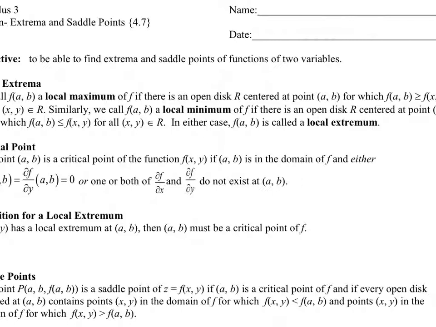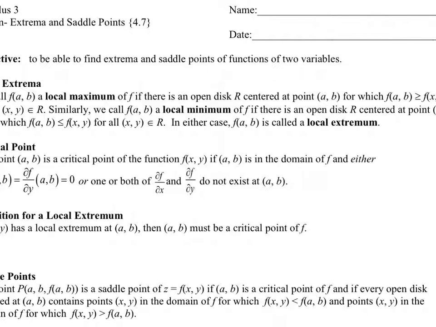So what we get from this is the partial with respect to x has to be equal to the partial with respect to y, which has to be in turn equal to 0, or one or both of the partials do not exist at that point. So the point itself has to exist, but the partials don't have to exist.